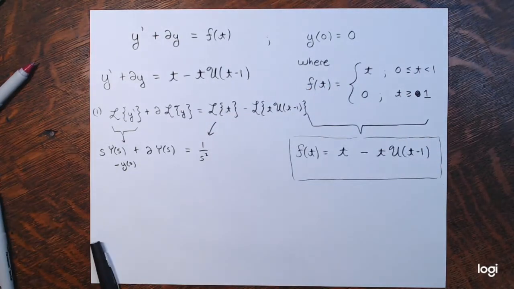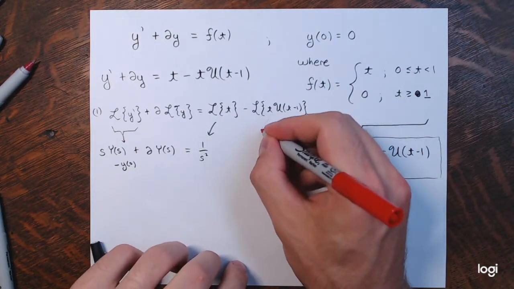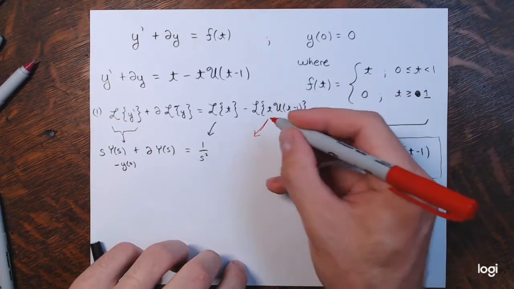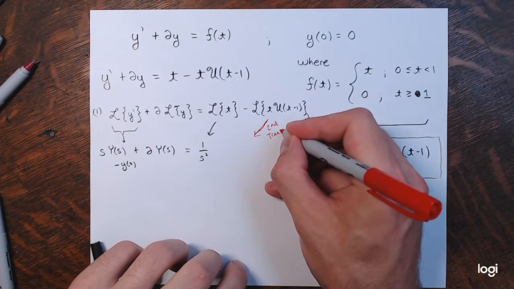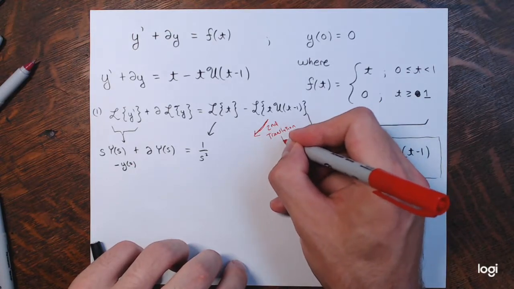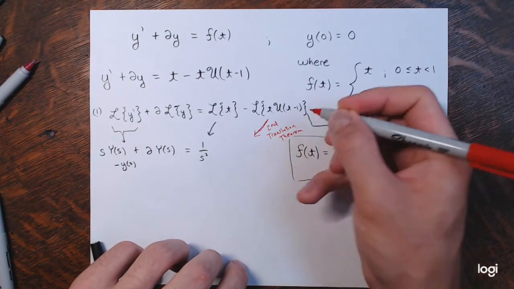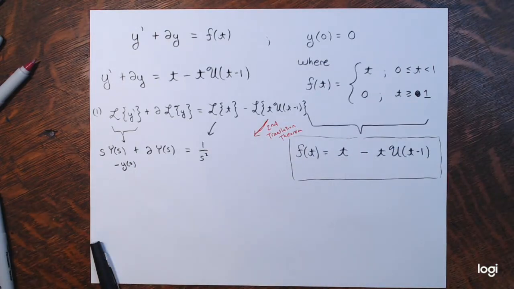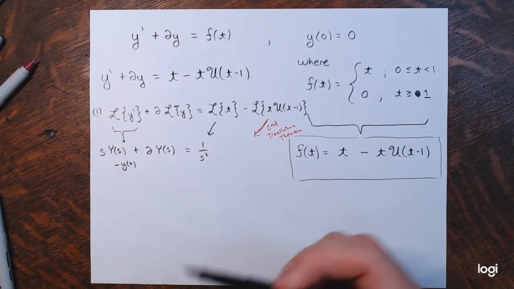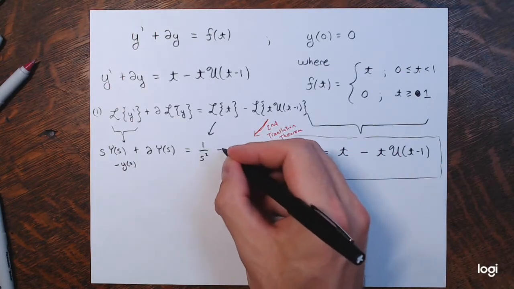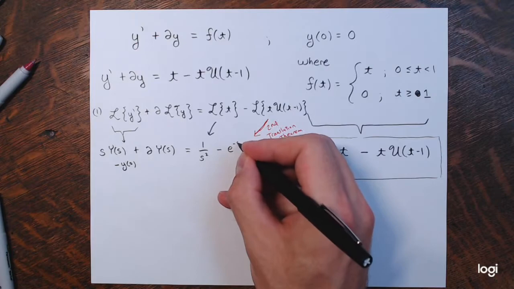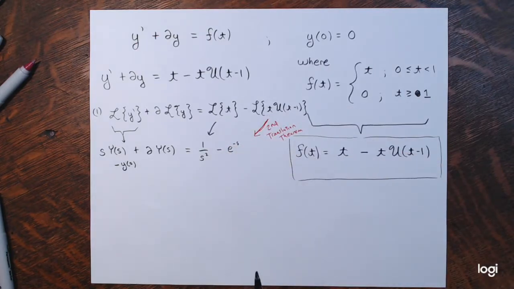And then again, using the second translation theorem. Which again, if you don't recall, please look at my last video. The second translation theorem, the value of a here is also 1. This would be minus e to the negative s times the Laplace transform of t plus 1.